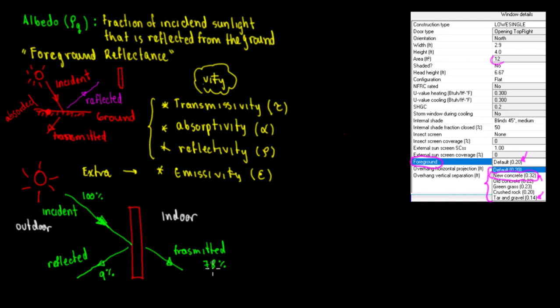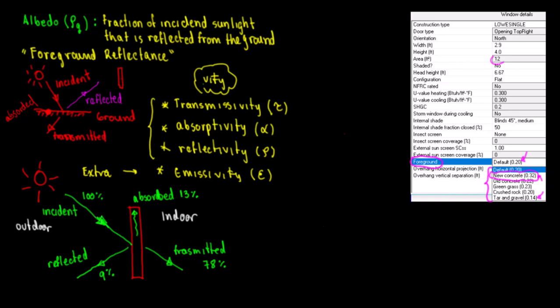Wait a minute, 78 and 9% is not going to be 100%. The other part is going to be absorbed by the window, and that's going to be 13%, for example. So that is how the sunlight interacts with the window.